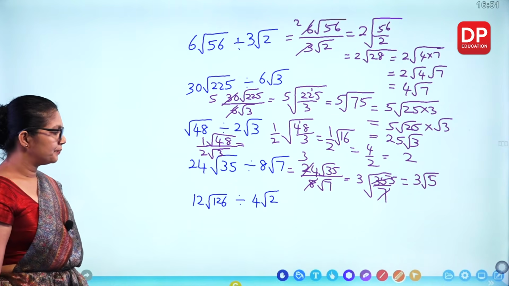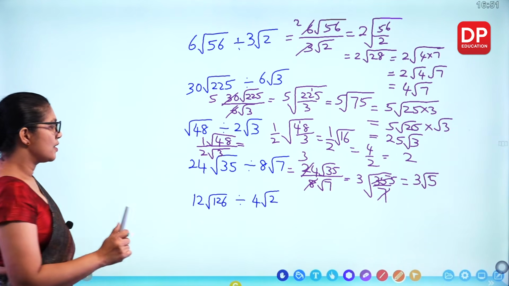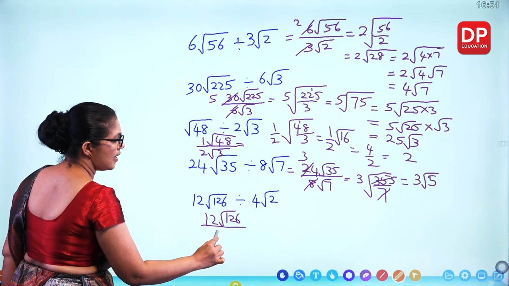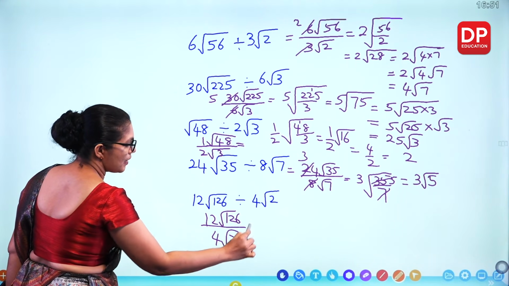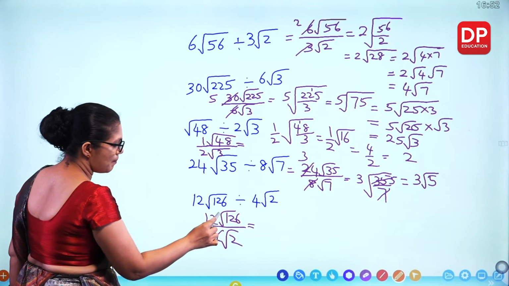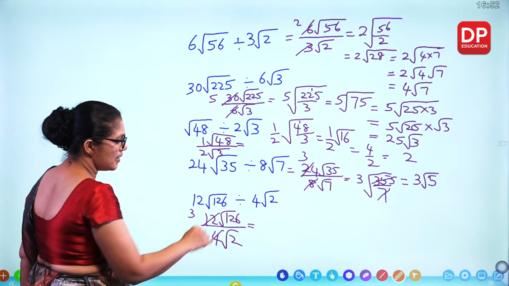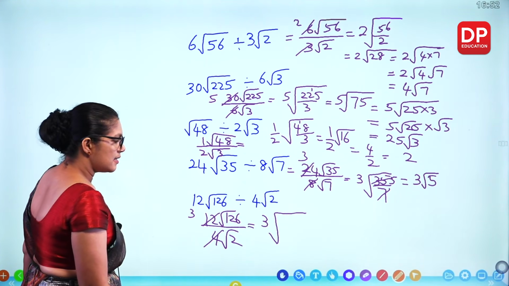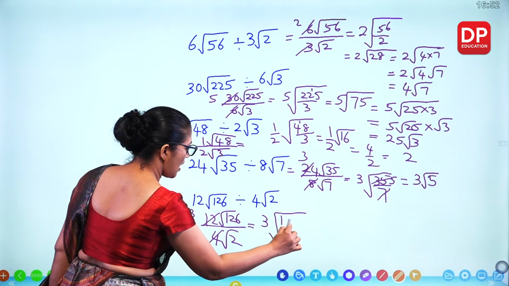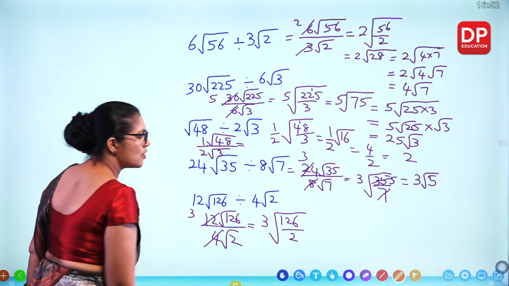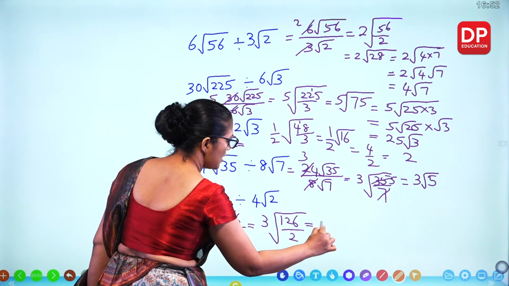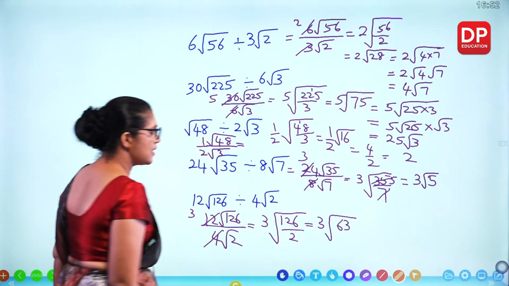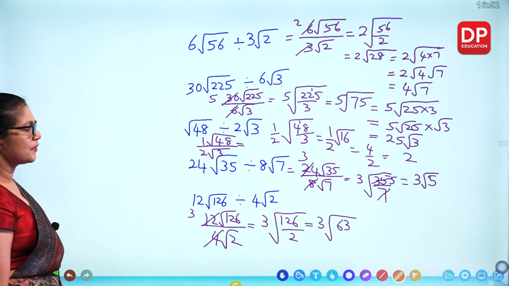This one, try now. Again write the number in this form and then simplify the whole number. This part you can write as a single radical, 126 over 2. So simplify that. You get 63.